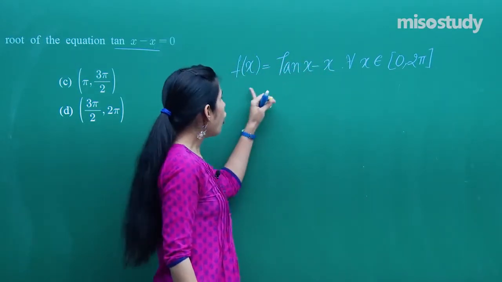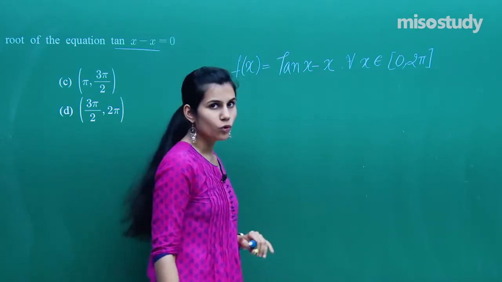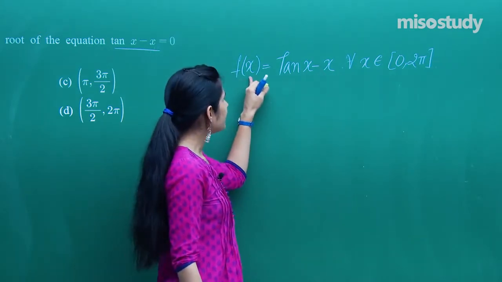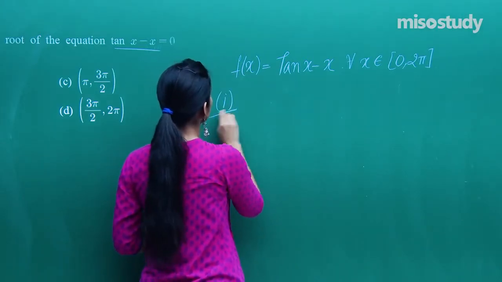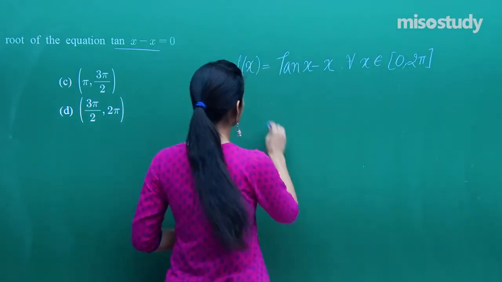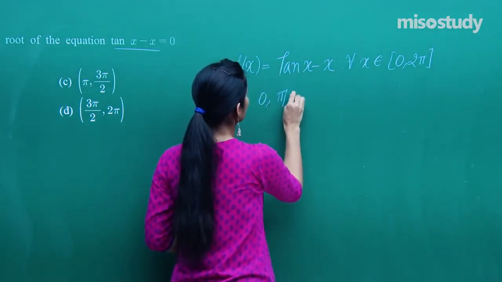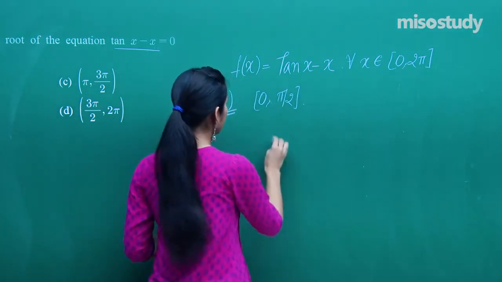I have to find all those x's where tan x minus x is 0, that means f of that x is 0. Let's begin with the first portion of 0 to 2 pi, that is 0 to pi by 2. If x belongs to 0 to pi by 2, now see.